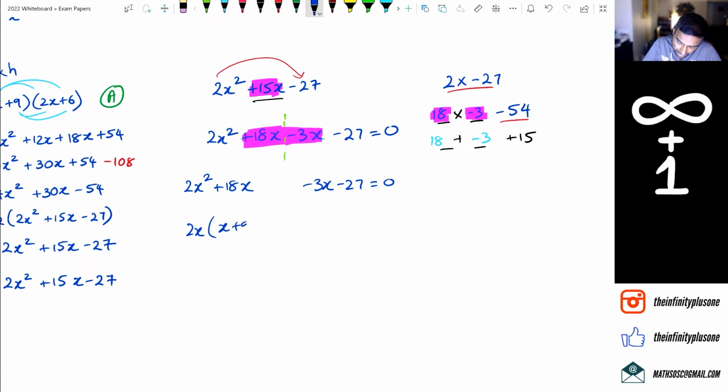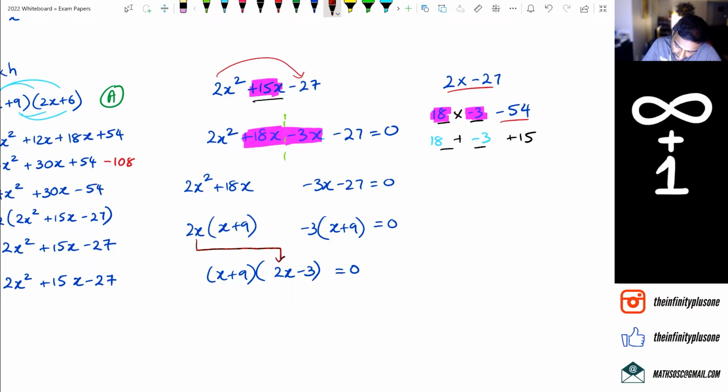Here I've got x plus 9. And on these two terms, I've got minus 3 as a common factor, so it's x plus 9. Now, x plus 9 itself is a common factor. Then I've got 2x minus 3 as the other common factor. So to reiterate, the 2x is from here, and the minus 3 is from there.